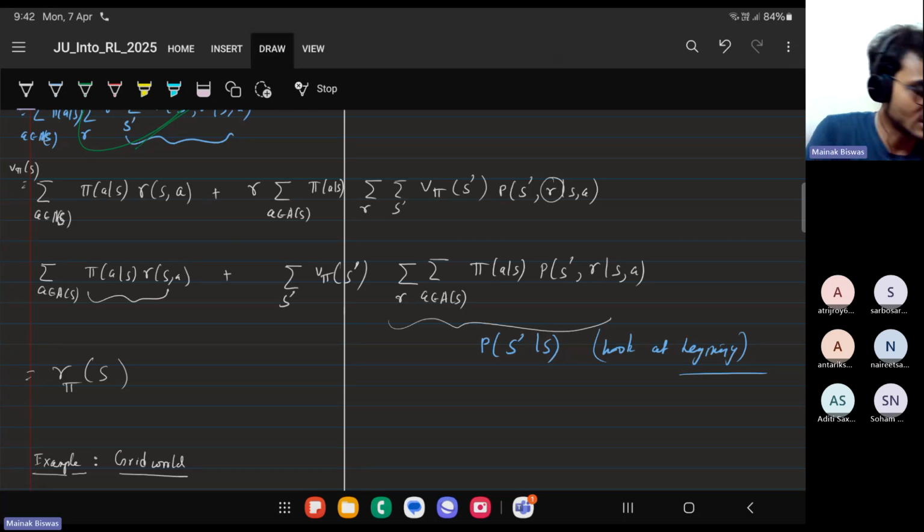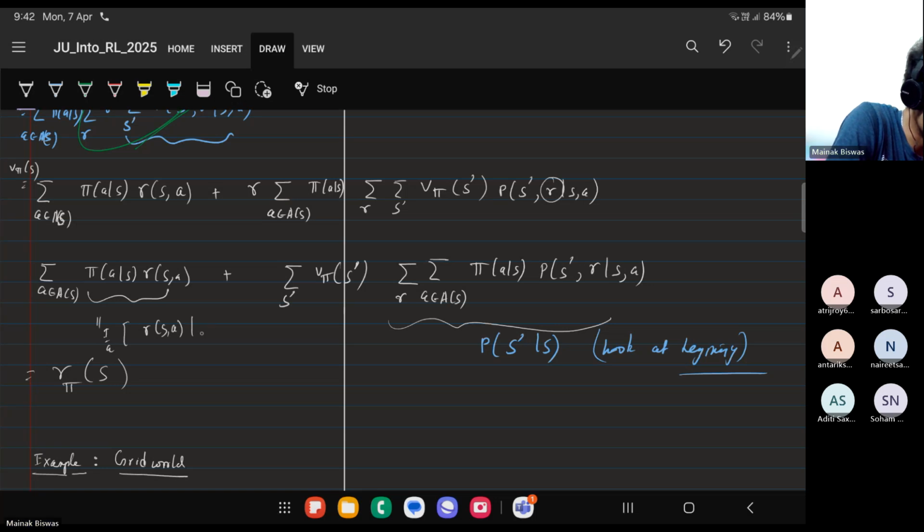This is the expected value over all actions, so a will just be removed and only s stays.